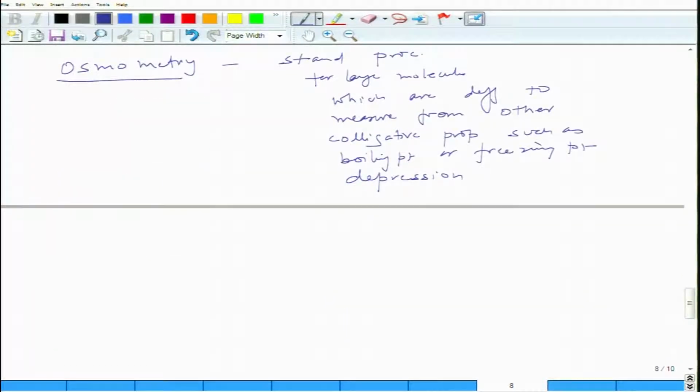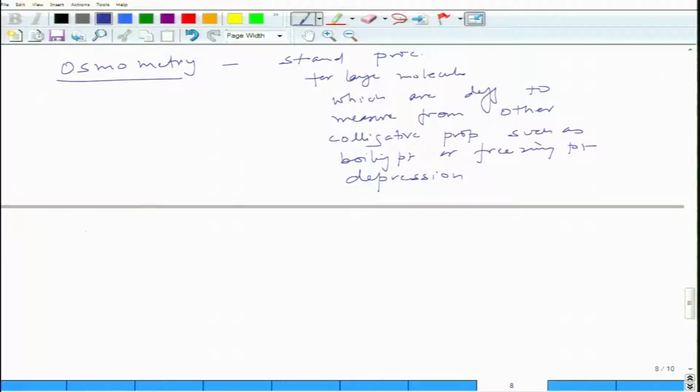Okay, now there are a few points which we must make. One important thing is that if you look at this van 't Hoff equation, this is a limiting case. It works only for dilute conditions. What if the solution is not dilute? Then you have to come up with some other terms which are missing in this equation.